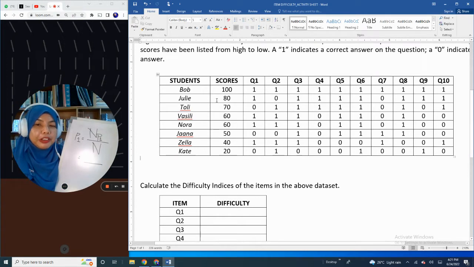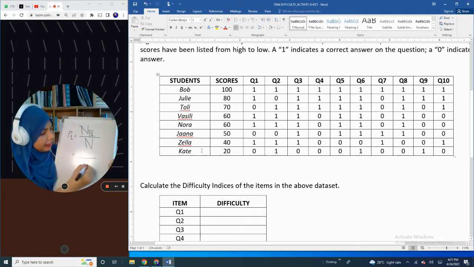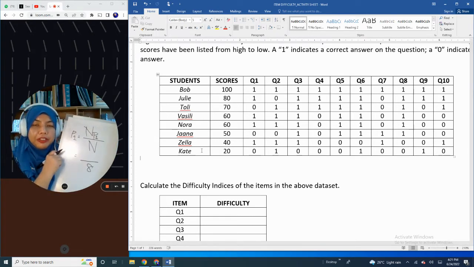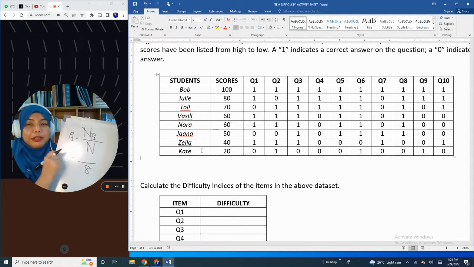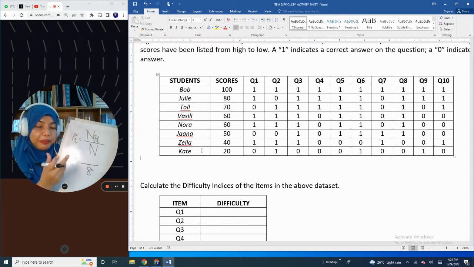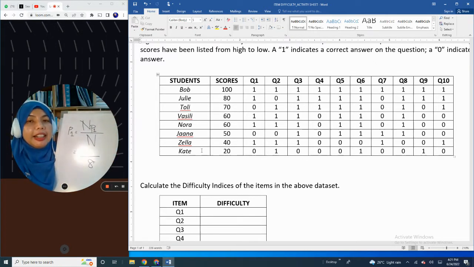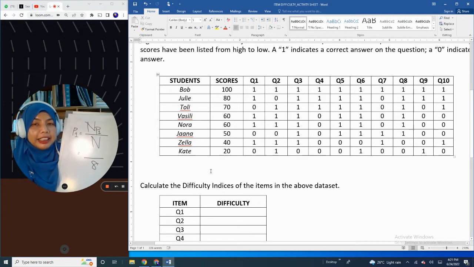Total number of students who sat for the test: there are 8 students. 1, 2, 3, 4, 5, 6, 7, 8. So 8 is the value that remains constant throughout the calculation for all item indices for this data set. The one that changes is the number of students who answer each item correctly. For item 1, how many students have managed to answer item 1 correctly?